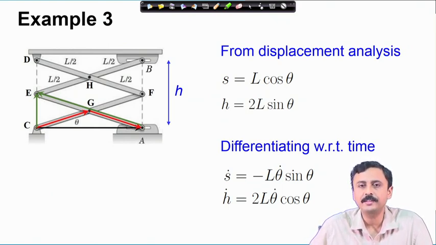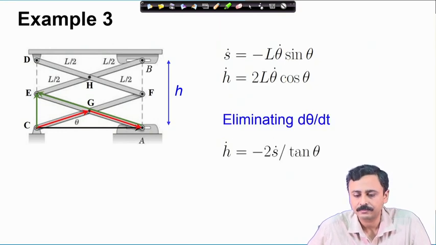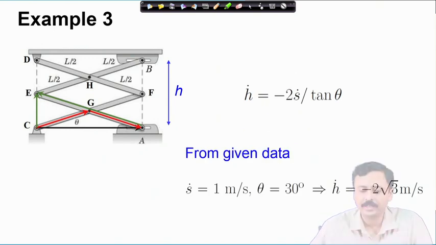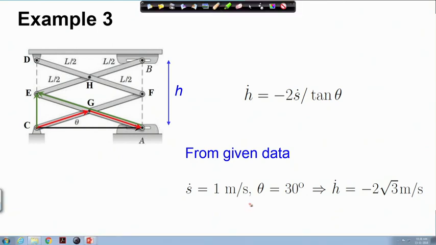If you eliminate theta dot, you relate H dot and S dot. Now, when S dot and theta are given, here S dot is 1 meter per second and theta is 30 degree, you just substitute, and you will get the expression of H dot.